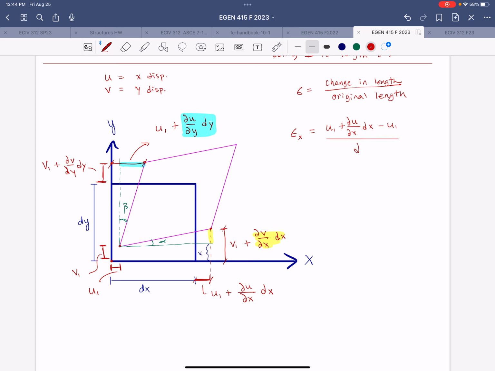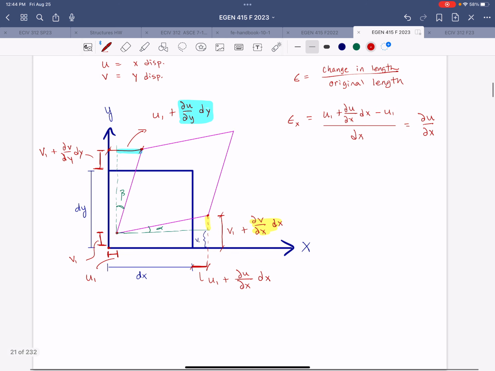Original length is dx, and so that simplifies to just the partial derivative of u with respect to x. Similarly, the normal strain in y, we're going to take this minus this. So that's v1 plus partial derivative of v with respect to y times dy, minus v1, divided by dy, which gives us the partial derivative of v with respect to y.